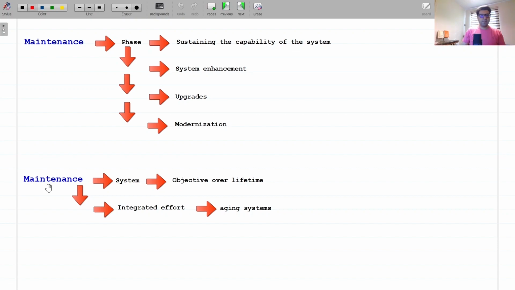Maintenance is an integrated effort designed to address aging systems and a need to maintain those systems in operation. A maintenance program may include reengineering electronic and mechanical elements to cope with obsolescence, developing automated test equipment, and extending the life of aging systems through technology insertion enhancements and proactive maintenance.